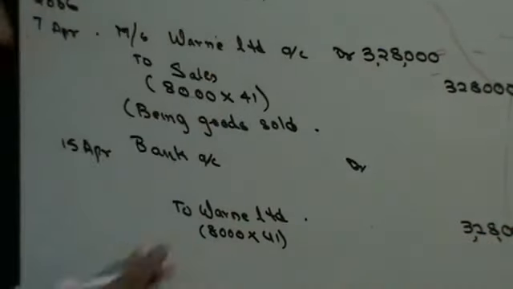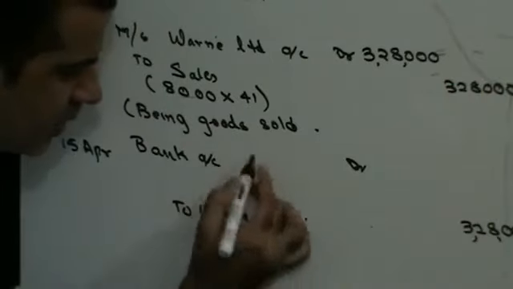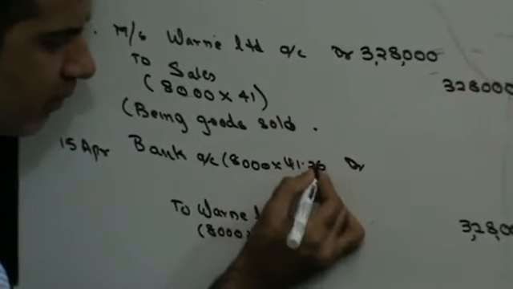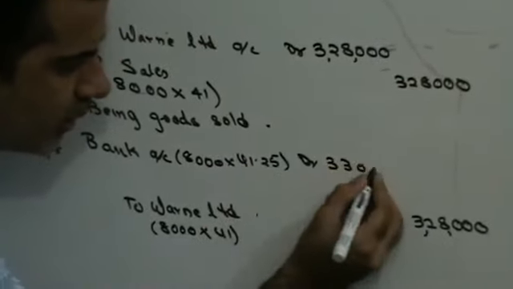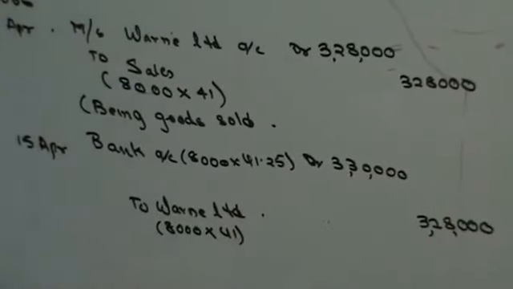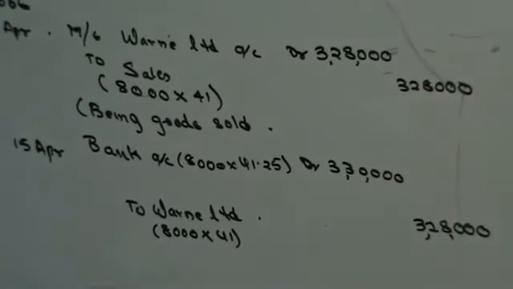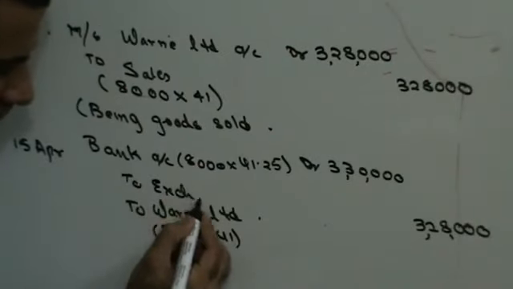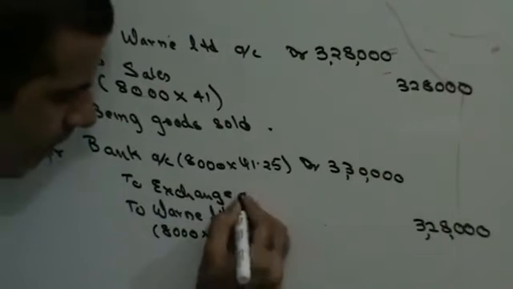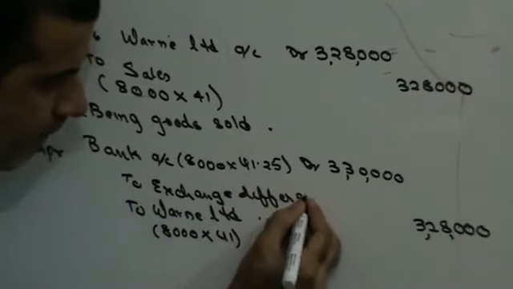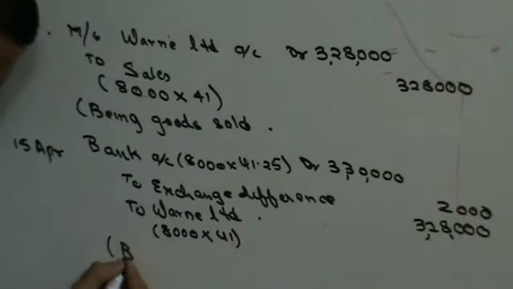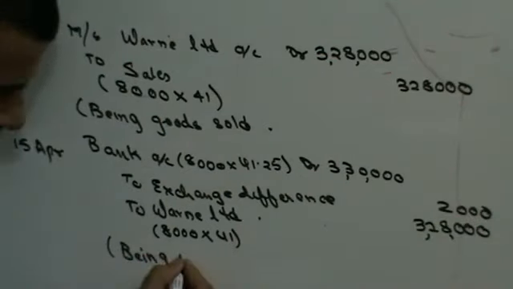On the date of payment, the dollar rate had become 41.25. So this is 8,000 into 41.25, 3,30,000. Right? The difference is going to be 2,000. So this is going to be exchange difference 2,000 being payment received.